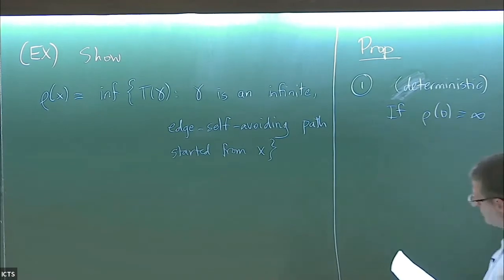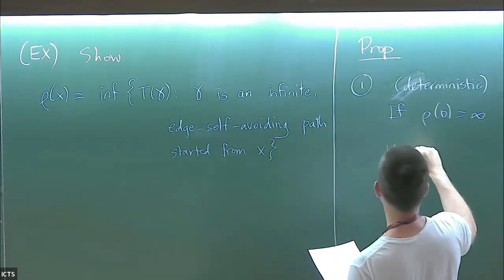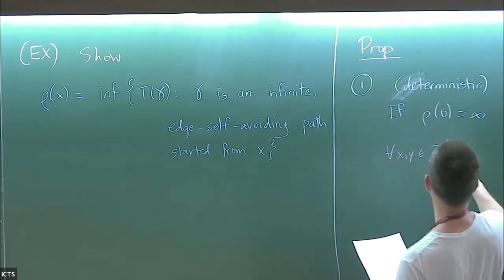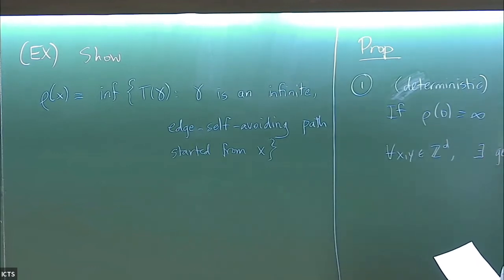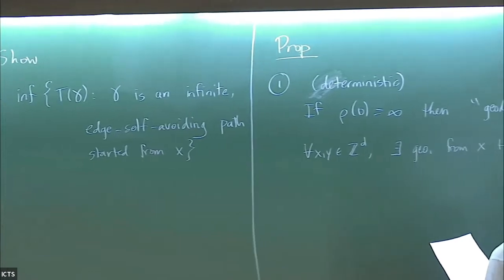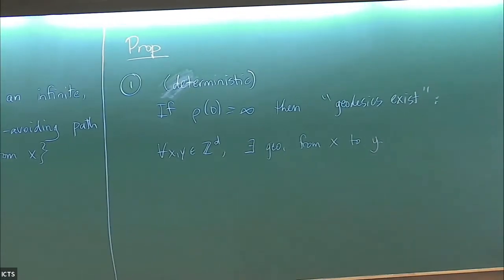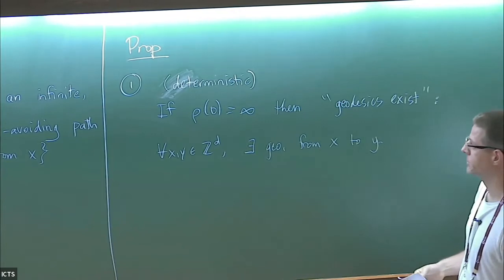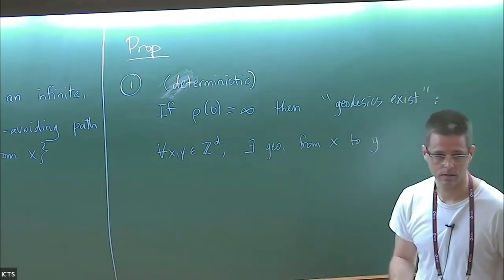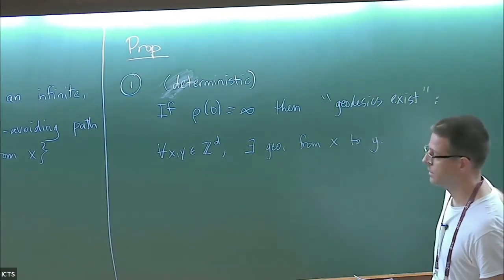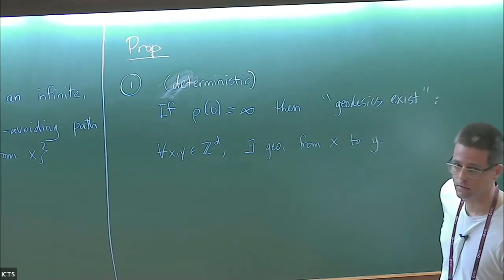I mean by that, for every x and y in Z^d, there exists a geodesic from x to y. This is a sufficient condition to get existence of geodesics. It is not necessary, but it's sufficient.